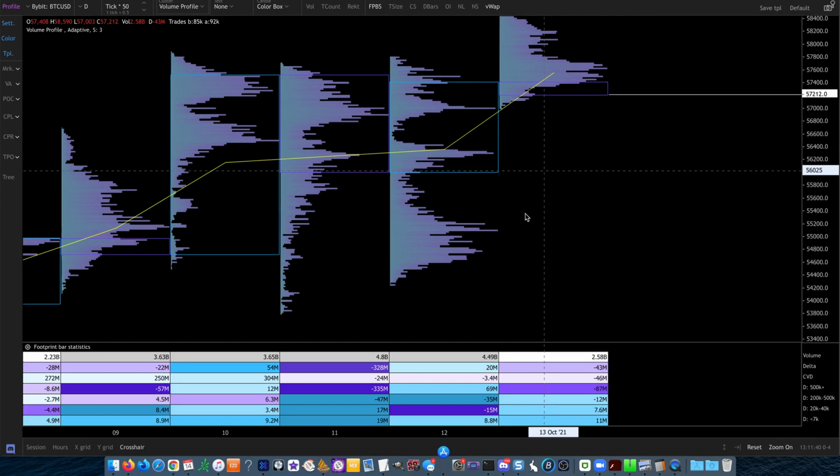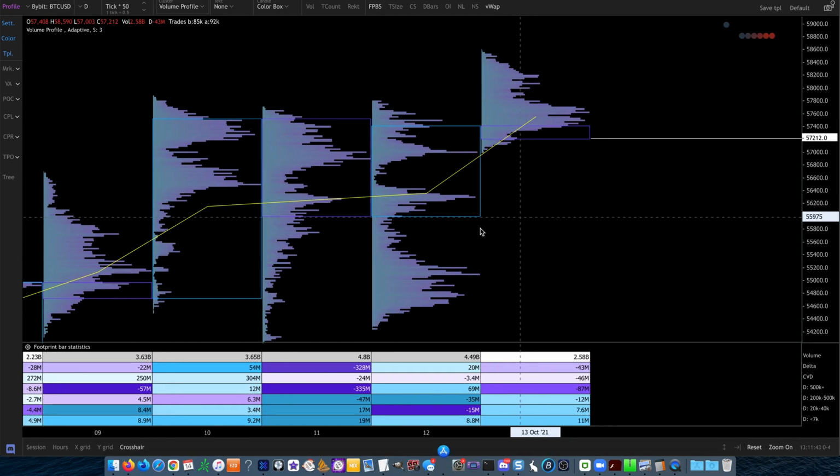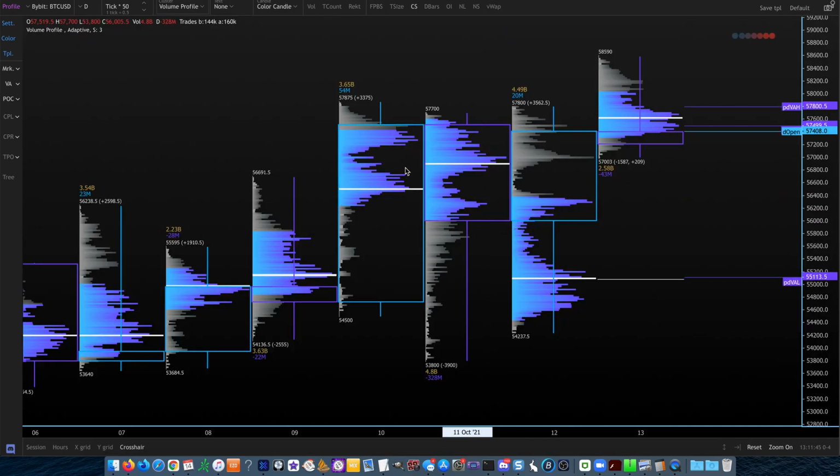This is the type of chart that I use when I am doing my naked daily point of controls, right? I have a volume profile. I have the value area turned on. You could turn it off so that you don't see it anymore, but I turn it on. I keep my point of controls turned on. This is how you can customize your chart, okay? Whether you want to be doing TPO or volume profile or stuff like that.